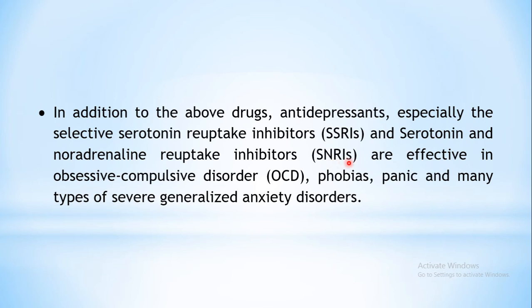These 2 classes of drugs are actually used as antidepressants. They are also effective in obsessive compulsive disorder, phobias, panic and many types of generalized anxiety disorder. We have seen under the treatment previously that they can be used to control certain phobic or anxiety situations.